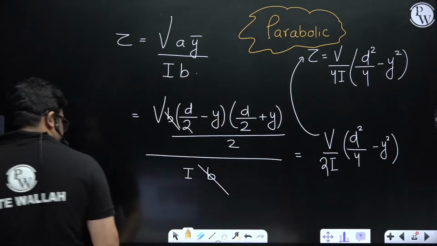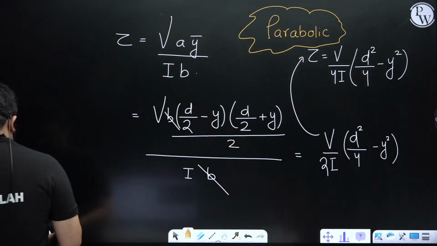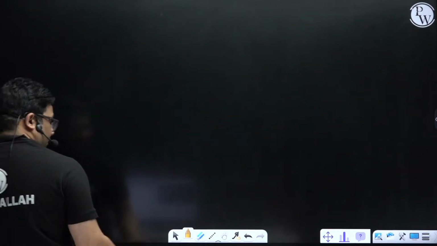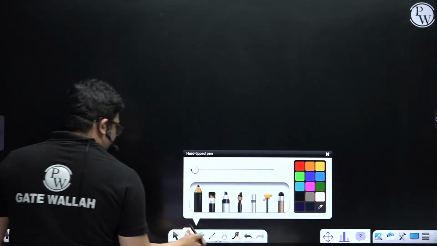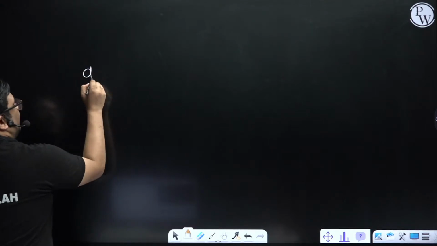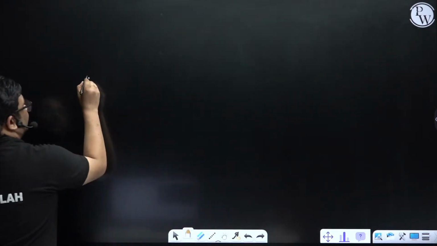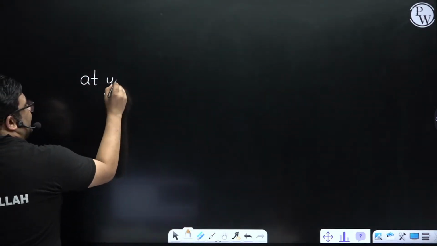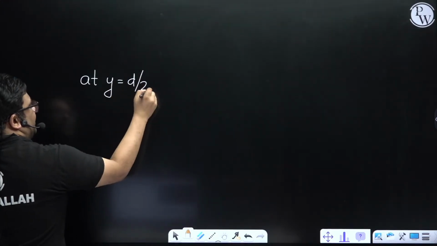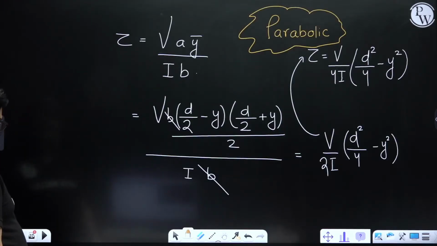So if I am interested in finding out the maximum one, see, at y is equal to d by 2, that means y will be d by 2 at the top and bottom, you see.